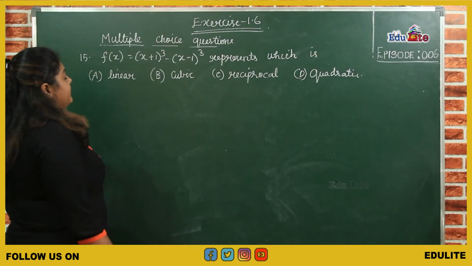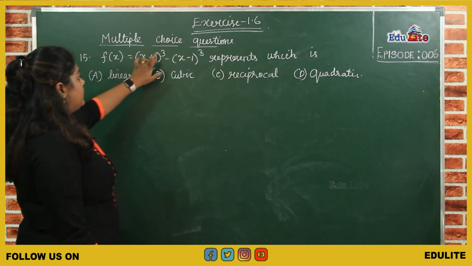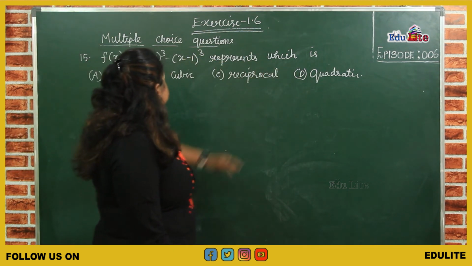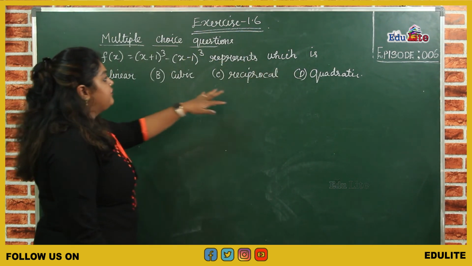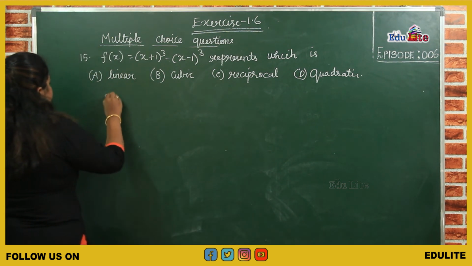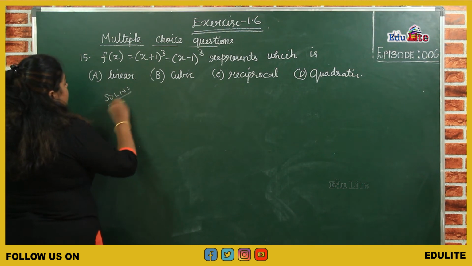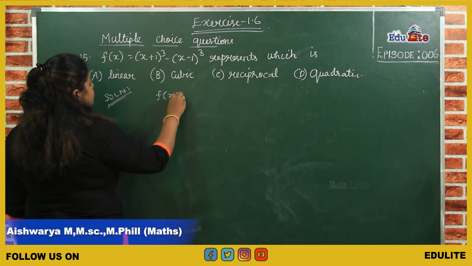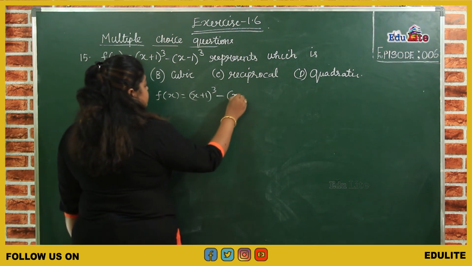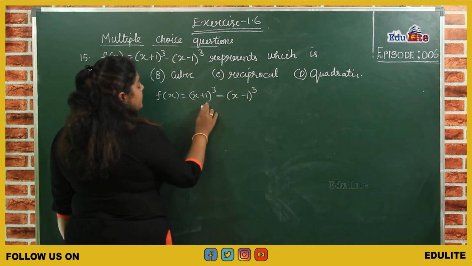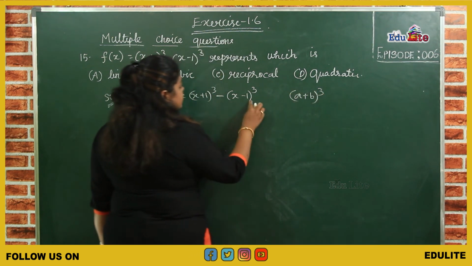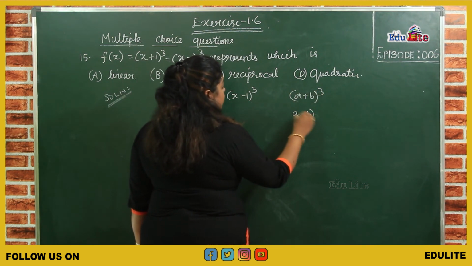So now we are given f of x equals x plus 1 whole cube minus x minus 1 whole cube, and we have to write which type of equation it represents. So for that we will consider f of x equals x plus 1 whole cube minus x minus 1 whole cube. This we will expand using the a plus b whole cube formula, and this using the a minus b whole cube formula.